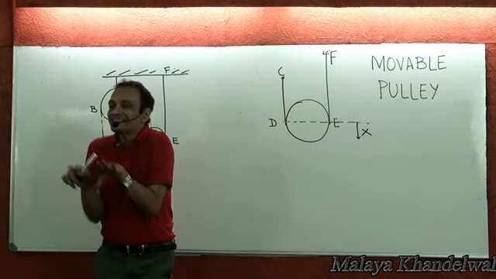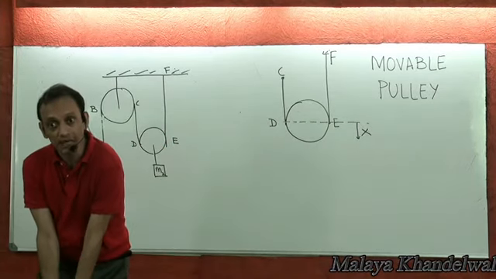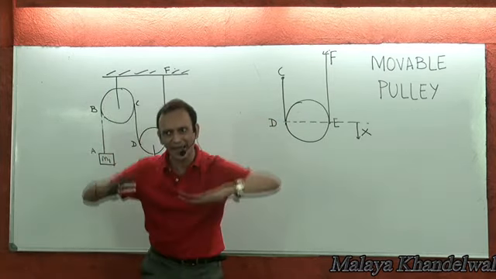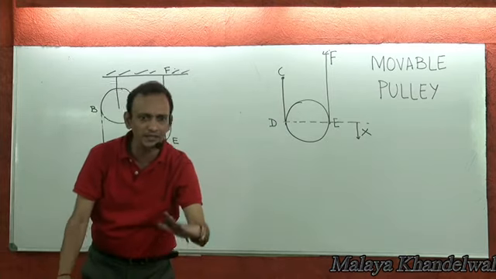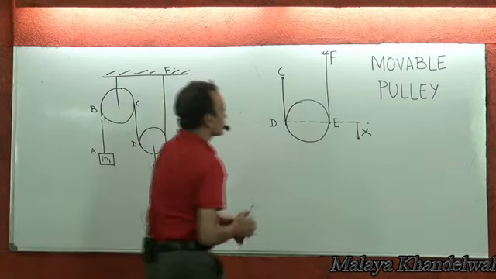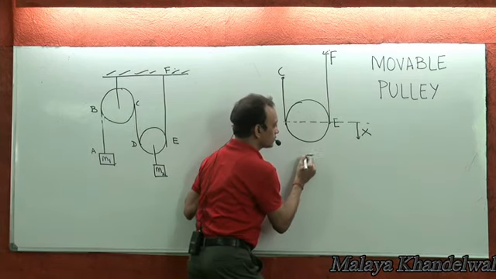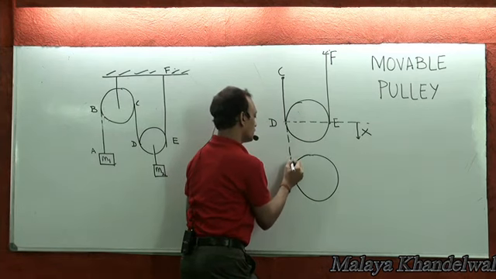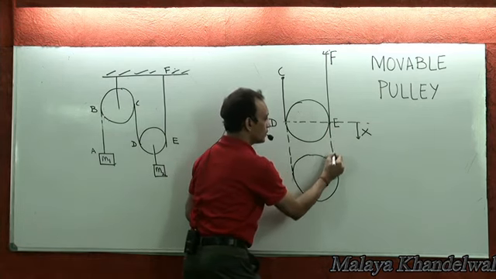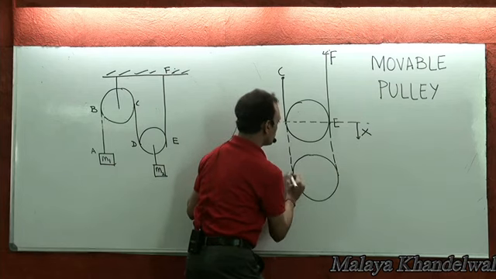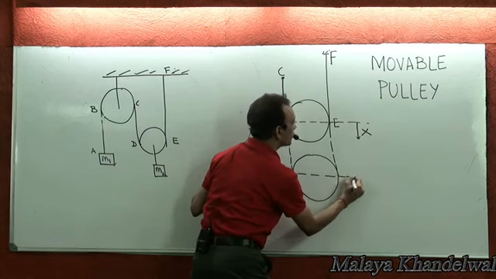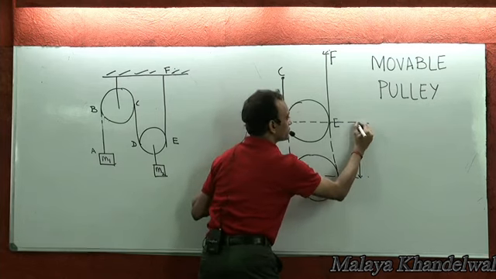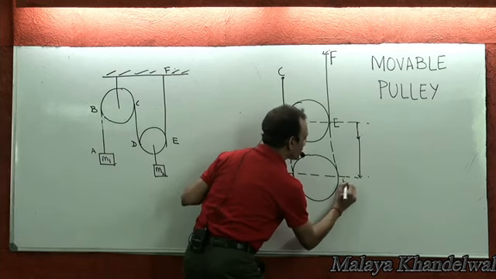That means this line DE will move down by x units if the pulley has descended by x unit, right? This is x units. DE has moved down by x units.